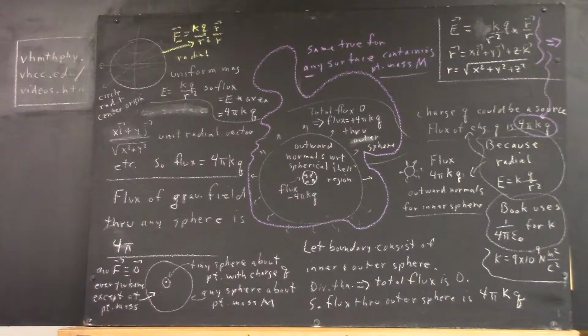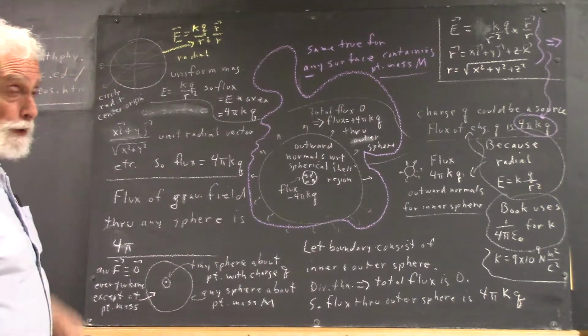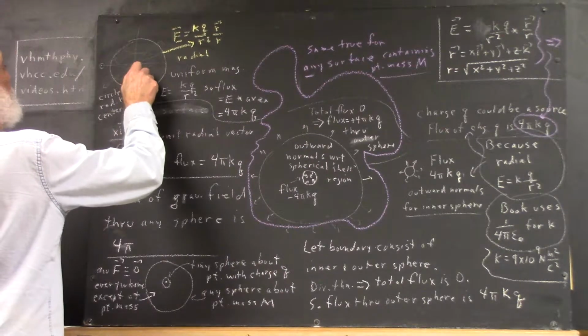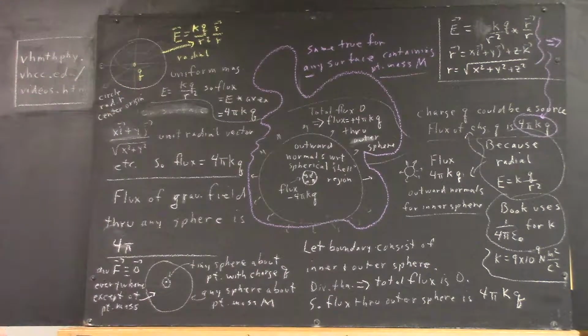So we want to calculate the flux through a sphere of radius r centered at the origin due to this charge q located at the origin.